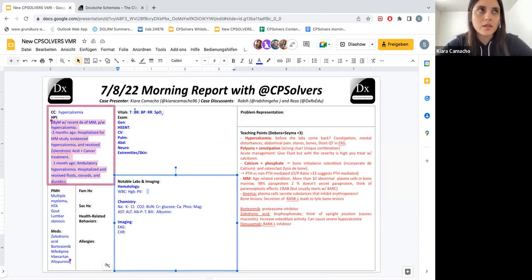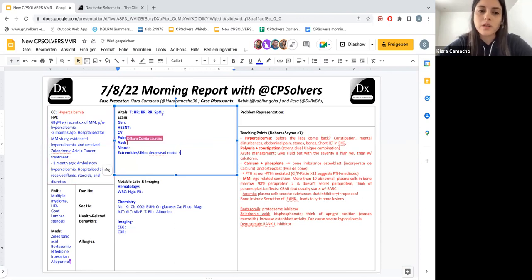The good thing is that there was an asymptomatic hypercalcemia. The only positive was that he had decreased motor strength in his lower extremities, but this was probably a consequence of his lumbar stenosis. In spite of that, vitals were okay.